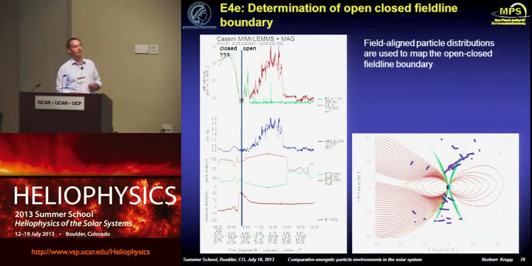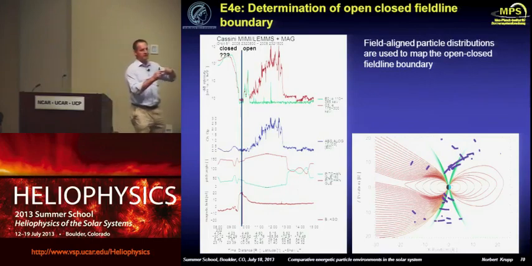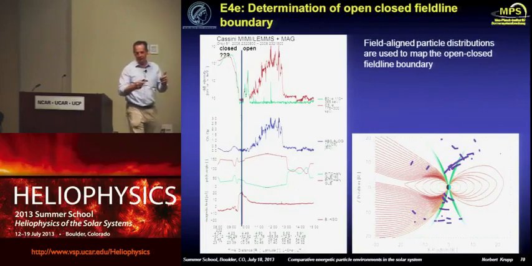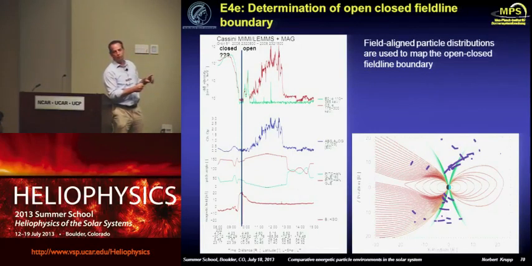when suddenly you see much more particles from one direction compared to the other. So if the ratio is plotted here, if the ratio is around 1, this tells you that particles are bouncing back and forth along a closed magnetic field line. So you see the same particles in one direction compared to the other direction. But if you are on an open field line, you lose this connection to one of the ends, and you see only the particles coming from one direction only.